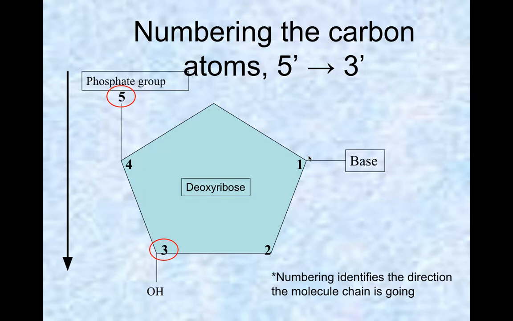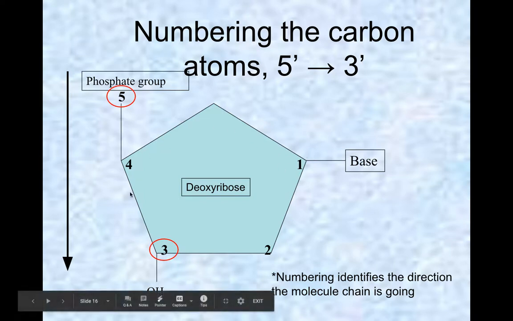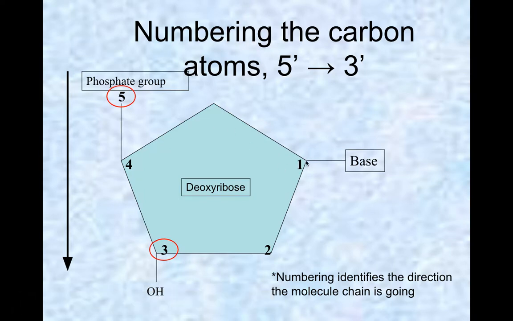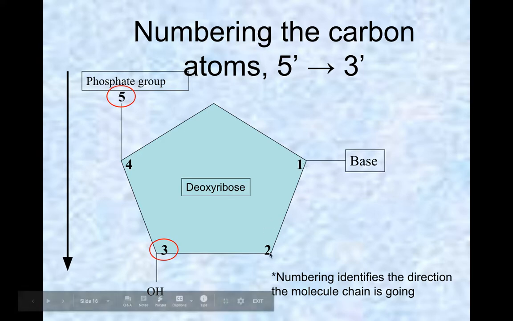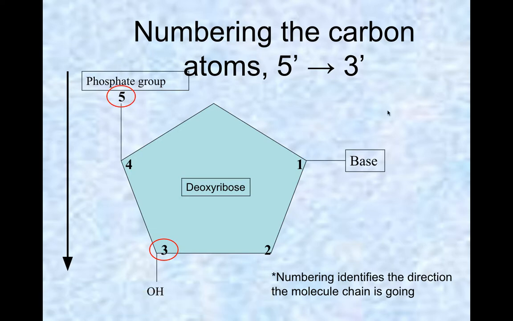The nucleotide contains a sugar with 5 carbons. And so we start numbering the carbons in a clockwise direction. And when you do that, you start with number 1, which is attached to the base, down to 2 here, 3 here, 4 here, and 5 here, because there's a little methyl group that attaches to your phosphate group up above. So why are 5 and 3 important?